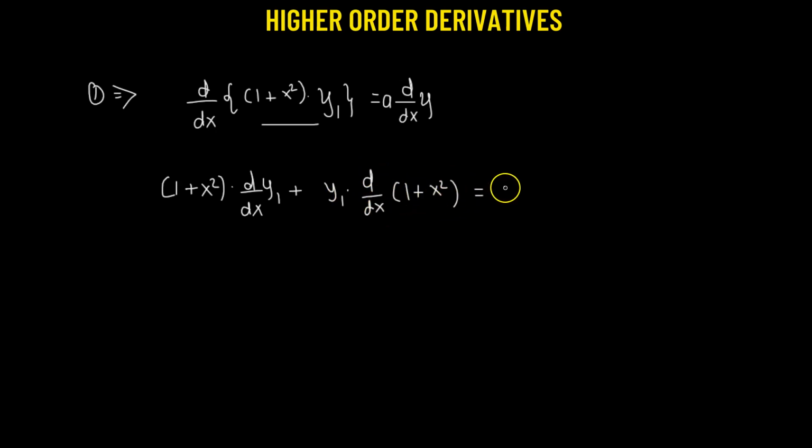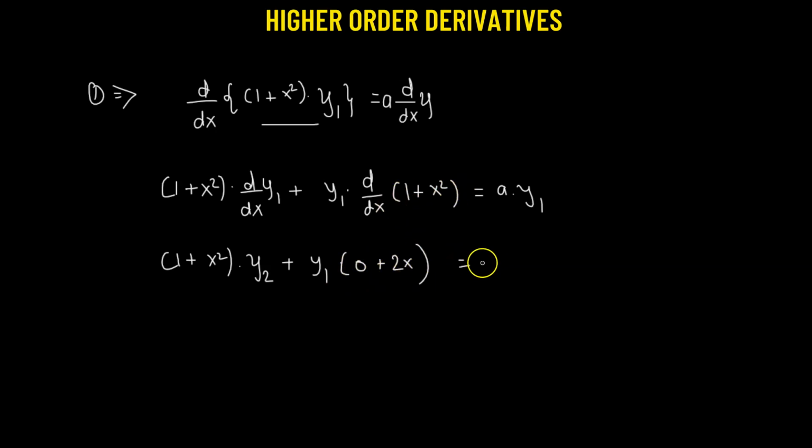That will be equal to a times the derivative of y with respect to x, so that's simply y1, the first derivative. So we have 1 plus x squared multiplied to the derivative of y1 with respect to x, which gives us the second derivative of y with respect to x, plus y1 multiplied to the derivative of 1 plus x squared with respect to x. So that's 0 plus 2x, 1 being a constant.